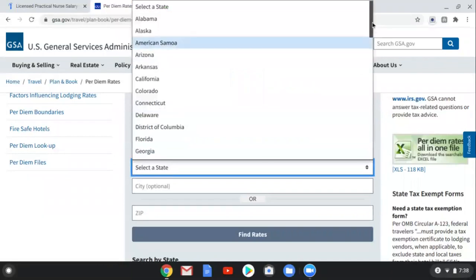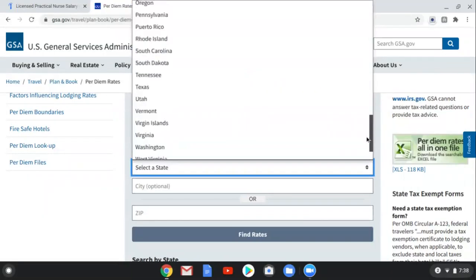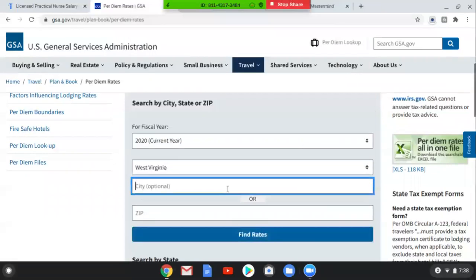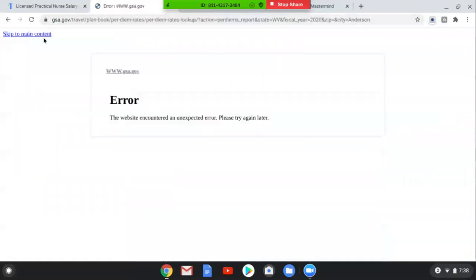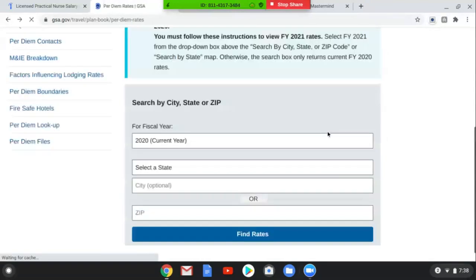They'll have a flat across the board rate. So there's certain cities and states that don't have a per diem lodging rate. They'll have just a flat rate that will apply as well.